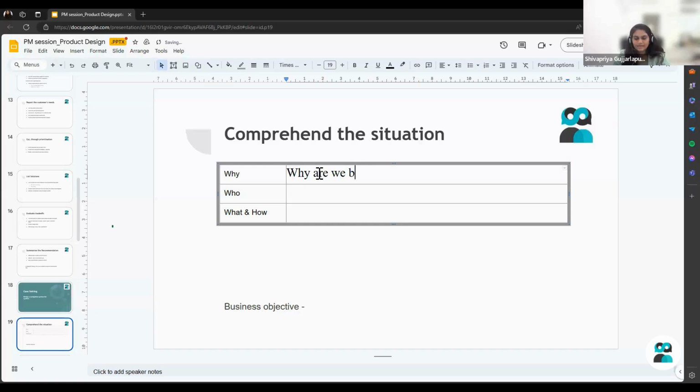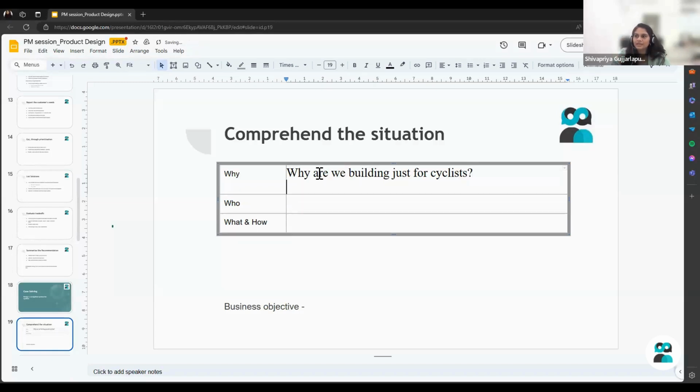Okay, building just for cyclists. Okay, that's a good question. I think what I'll do is I'll probably give the answers in the end, or maybe share the slide I have later. But that's a great question.